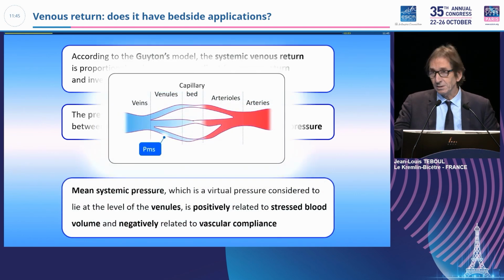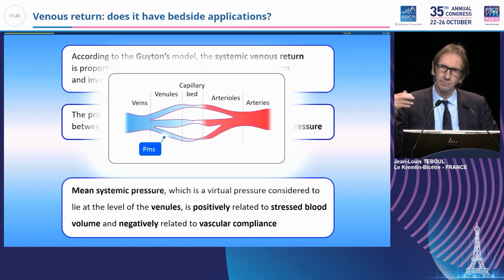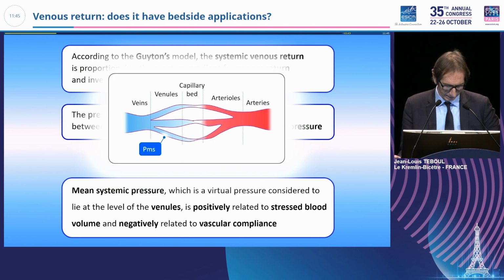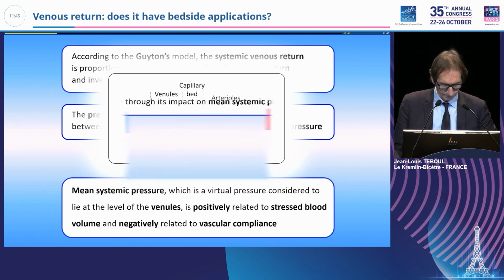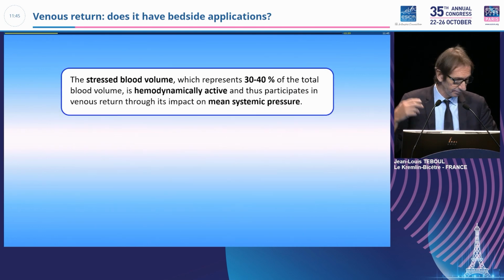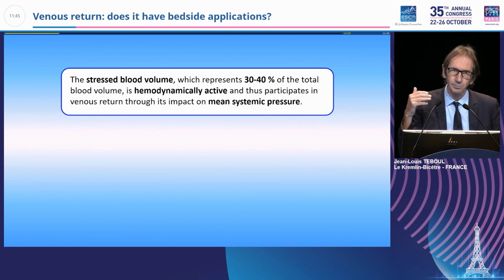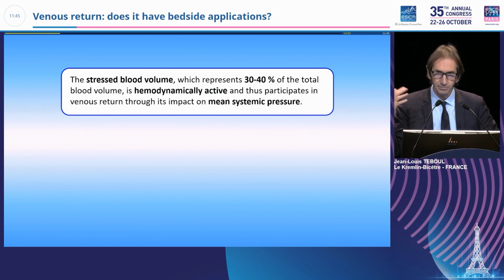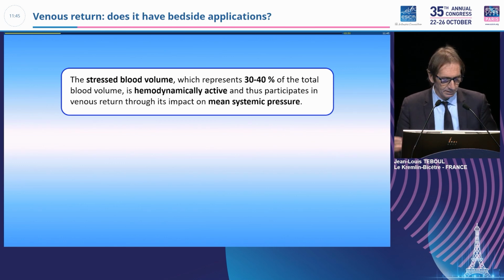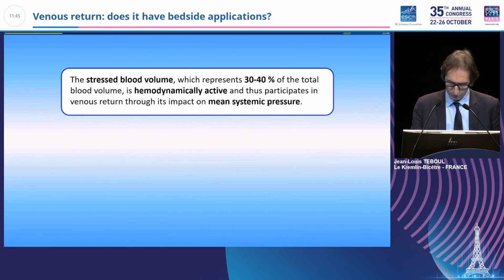And the mean systemic pressure, which is a virtual pressure, considered to lie at the level of the venules, is positively related to stressed blood volume and negatively related to vascular compliance. And the stressed blood volume, which represents 30–40% of the total blood volume, is hemodynamically active and participates in venous return through its impact on the mean systemic pressure.